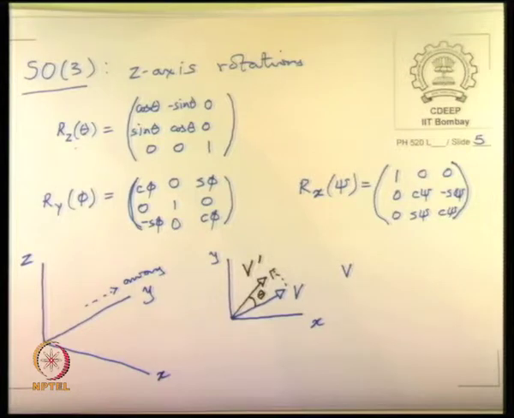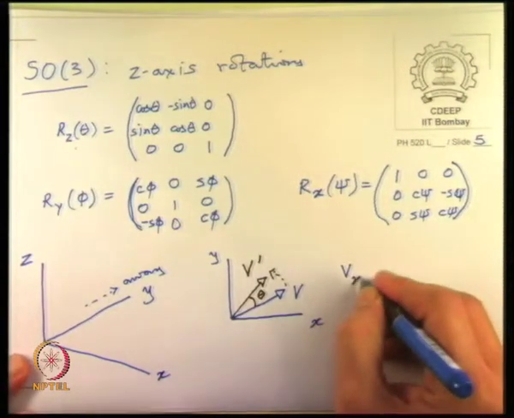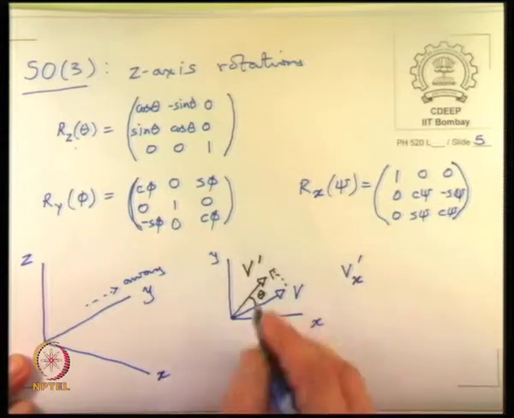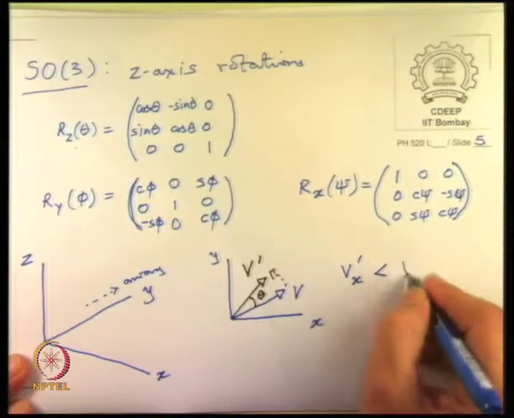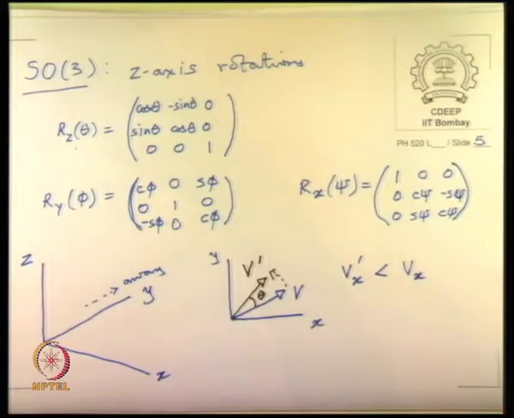Then we can see that Vx prime is less than Vx. This is how I remember things. Okay. If I rotate, then Vx prime is less than Vx.